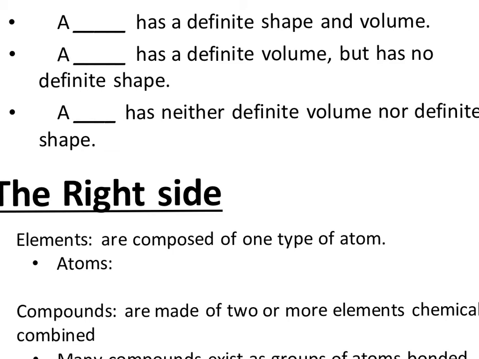So if we have bromine in a vial, that's an element because the only types of atoms that exist in that vial are bromine atoms. They are all the same. So what is an atom? Well, an atom is the smallest particle of an element.